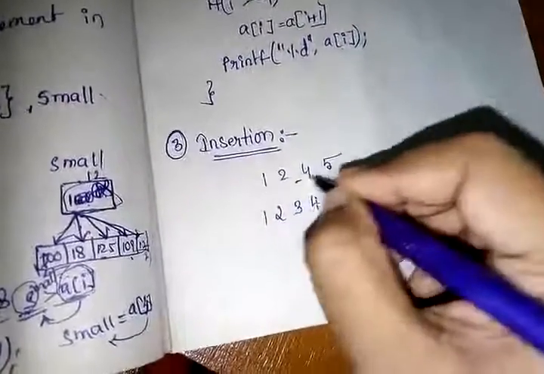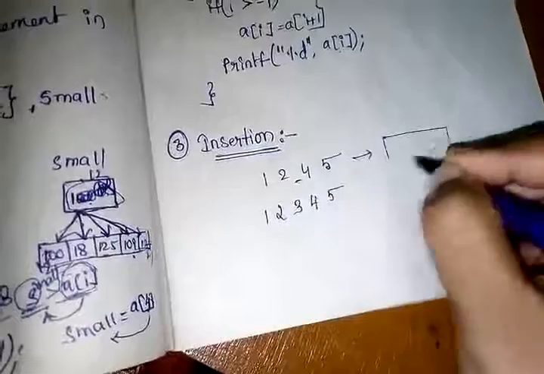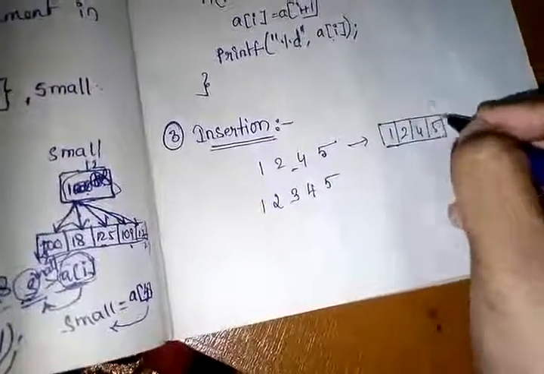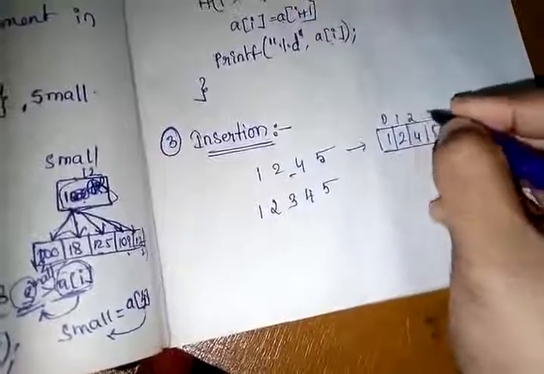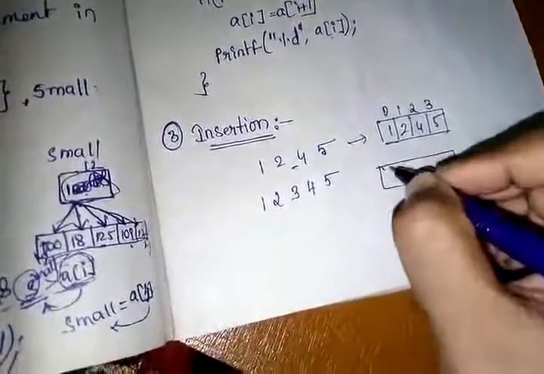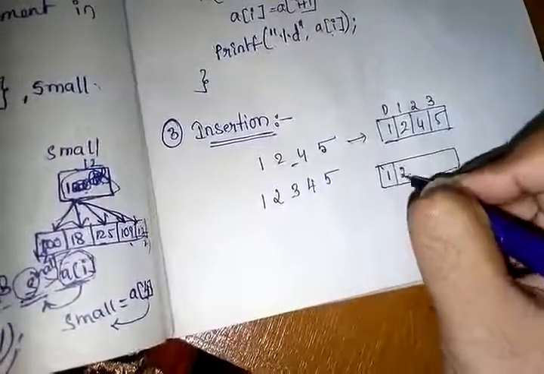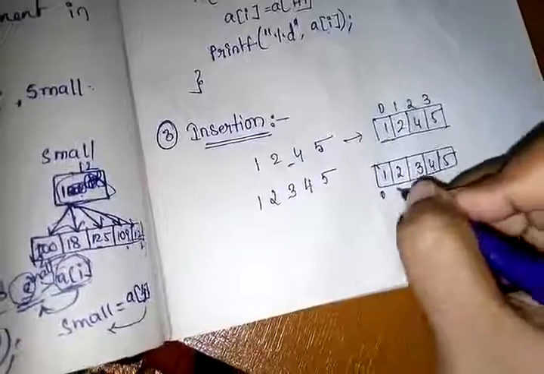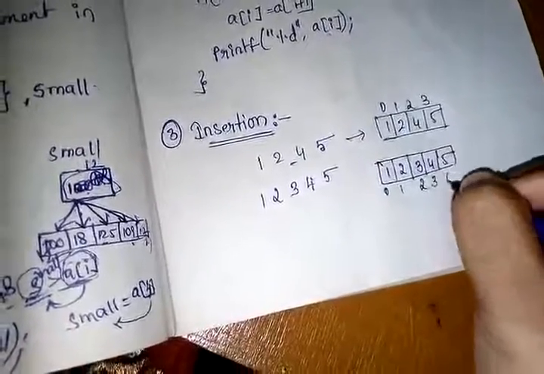If you think of this as an array, 1, 2, 4, 5 with indexes 0, 1, 2, 3, and after insertion the indexes are 0, 1, 2, 3, 4.